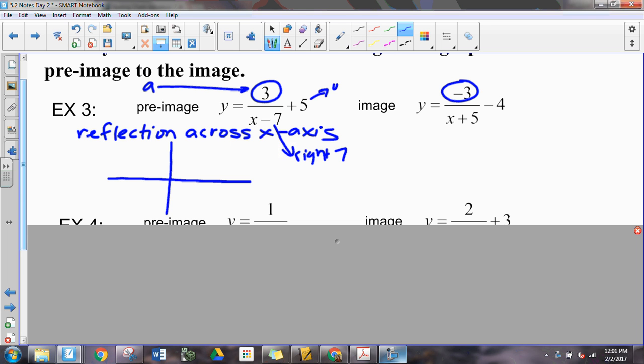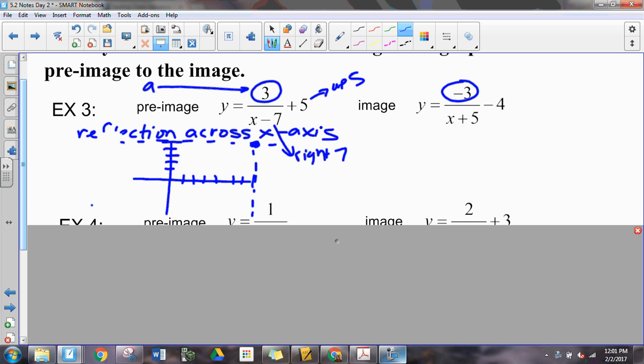And this has moved up 5. So my pre-image is starting at, sorry, on the wrong side here. X equals 7, so 1, 2, 3, 4, 5, 6, 7. And up 5, so 1, 2, 3, 4, 5.